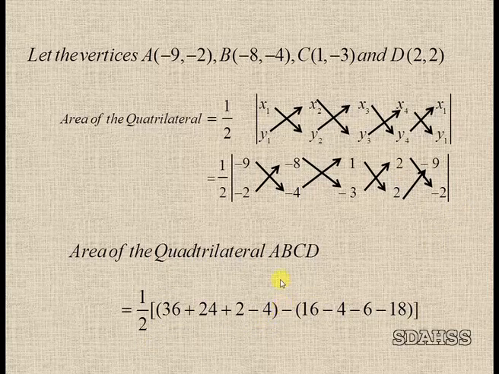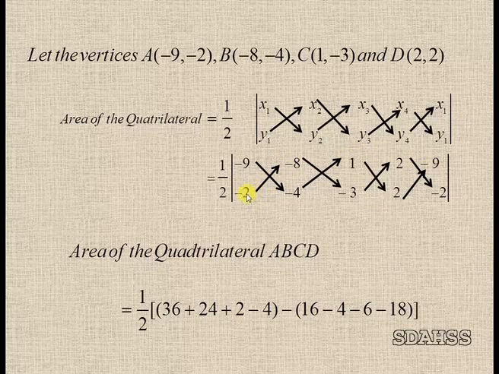Then put a minus sign. Afterwards multiply in this direction: minus into minus plus, 2 8s are 16; 1 into minus 4 is minus 4; then 2 into minus 3 is minus 6; minus 9 into 2 is minus 18.